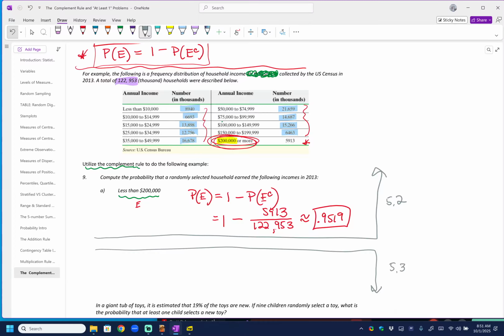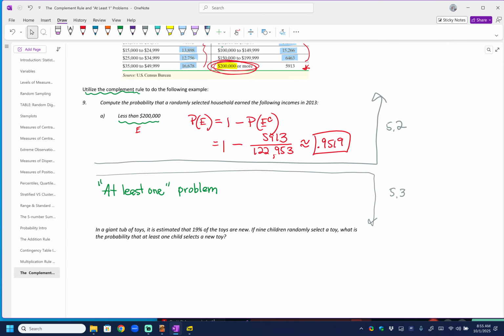Okay, we're now going to focus our attention on a specific genre of problem from section 5.3 called an at least one problem. An at least one problem's goal is to basically utilize both the multiplication rule and the complement rule in one problem.